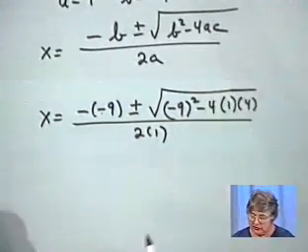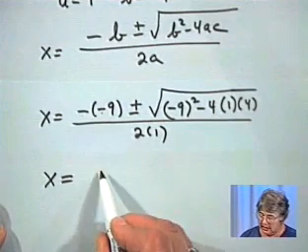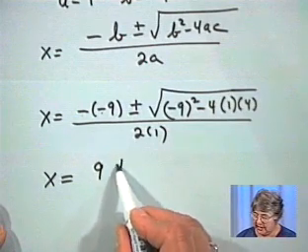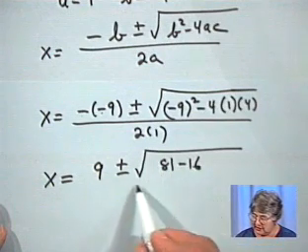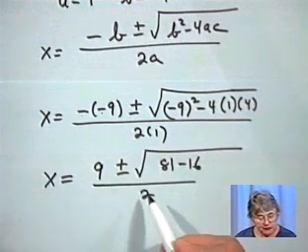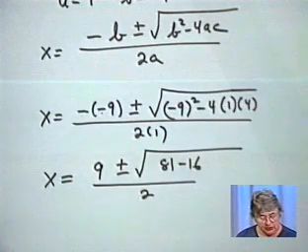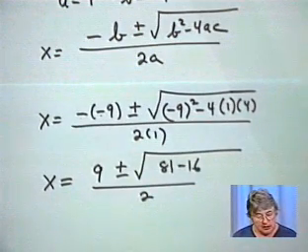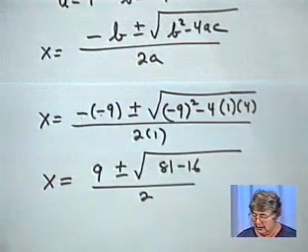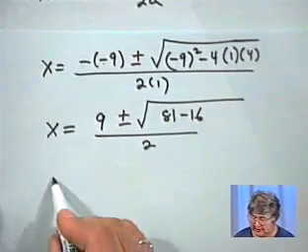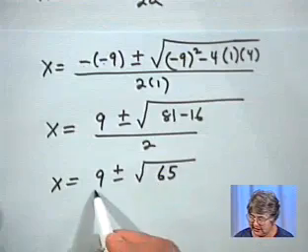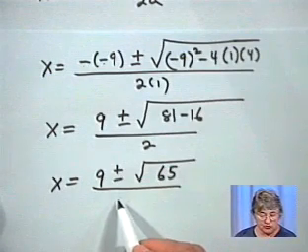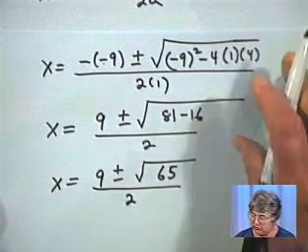All right. So then we go back and simplify. X equals 9 plus or minus the square root of 81 minus 16, divided by 2. And we're going to have X equals 9 plus or minus the square root of, 81 minus 16 is 65, so 9 plus or minus the square root of 65 divided by 2.